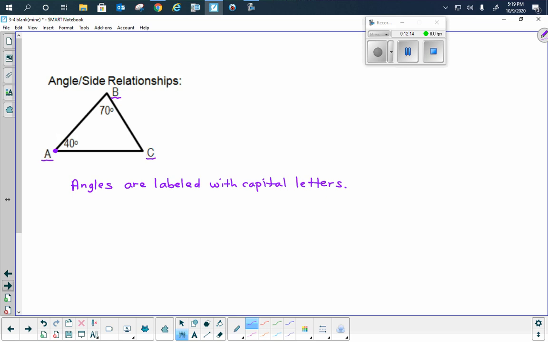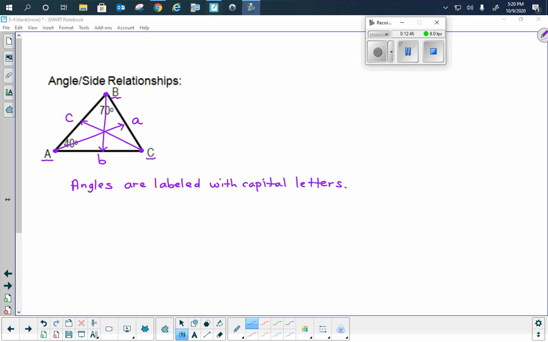By that I mean the following, and then I'll do some erasing again. If I go across from angle A, the side across from it is lowercase side a. Likewise, if I go across from angle B, the side across from it is lowercase side b. If I have angle C, then the side across from it is lowercase side c.